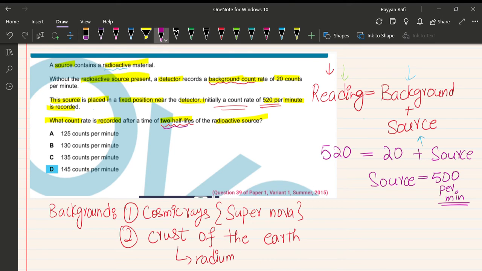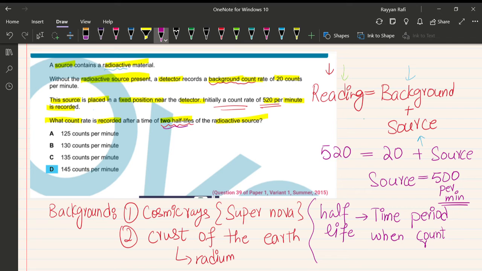Now, 2 half-lives. We know what the half-life is. Half-life is the time period when the count rate halves.